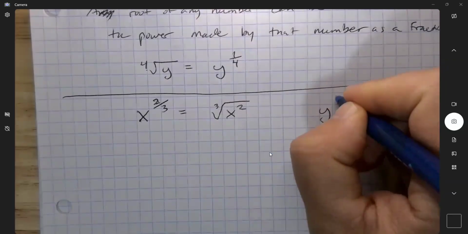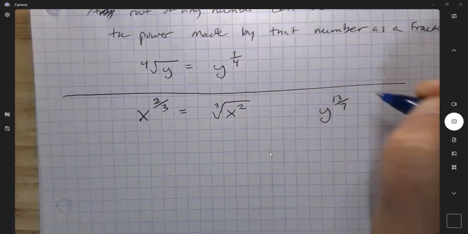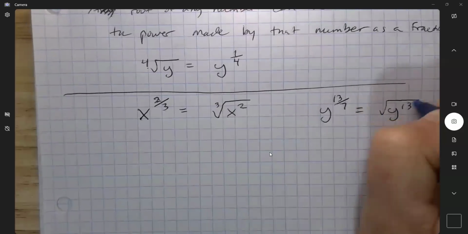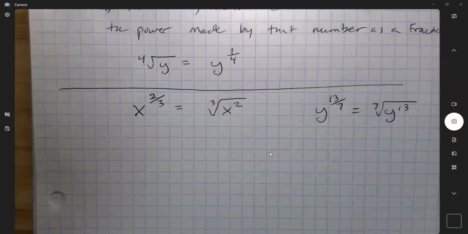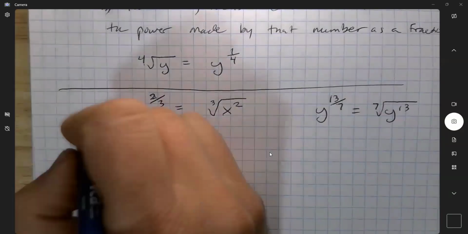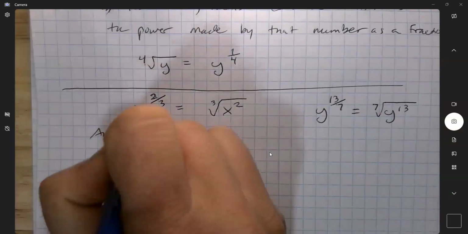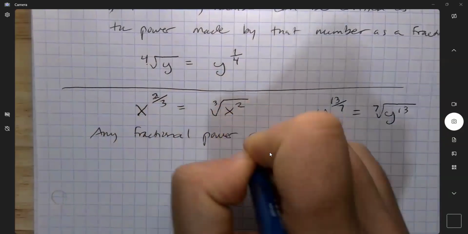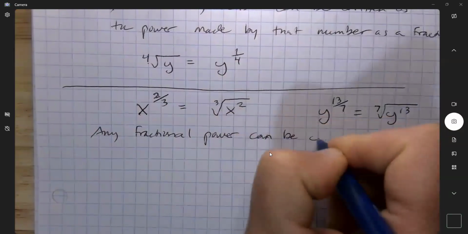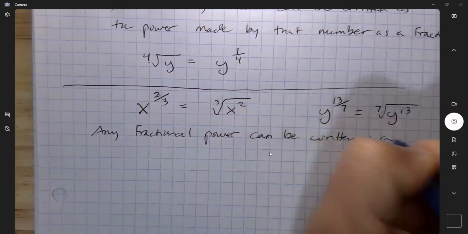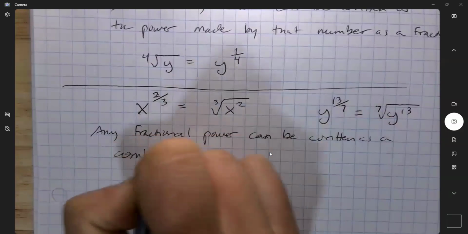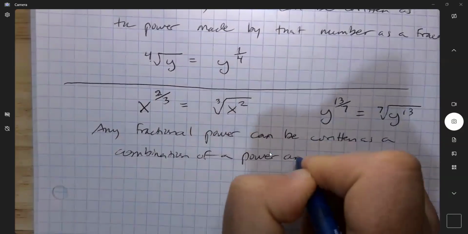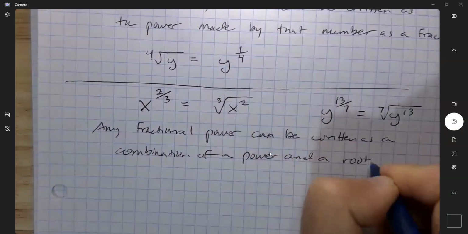Y to the 13/7 becomes y to the 13, and then all of that to the 7th root. So any fractional power can be written as a combination of a power and a root. There it is.